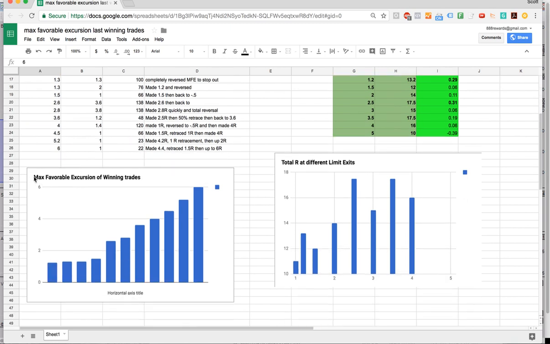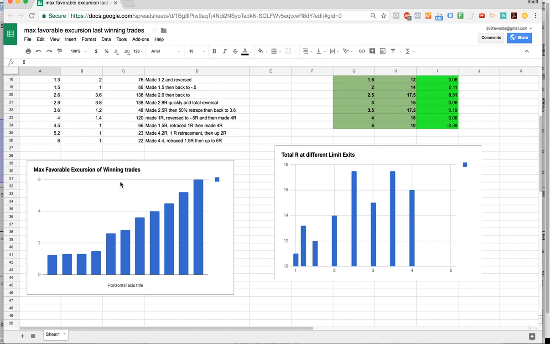So we generate this histogram of the maximum favorable excursion of winning trades. You exclude the losers, you only want the winners, and nearly all the time you're going to see something like this. You're going to see a flat spot. Sometimes you see more than one flat spot. This flat spot here is the bare minimum that a winning trade kind of makes.